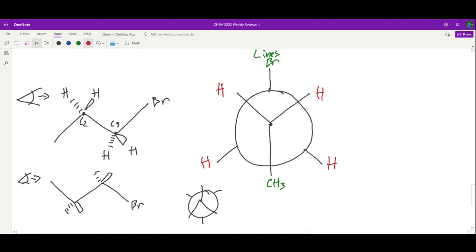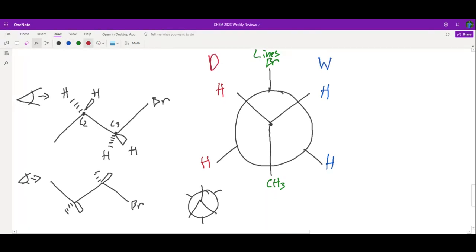If you're looking at it from the left side, wedges are going to be on the right side of your point of vision, and dashes are going into the page, which should be on the left side. Let me fix what I said. So this is going to be wedges, and this is going to be dashes.